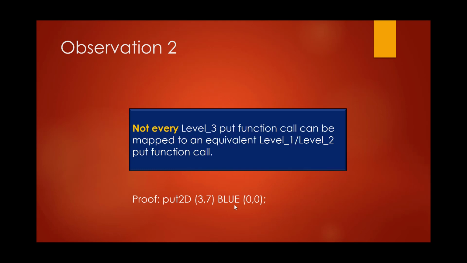If I can come up with a single actual instance of a level 3 put function call that cannot be mapped back, then that's my proof. So here I have one that has dimensions of 3, 7, and there is no put function call that will place a 3 times 7 brick in level 1 or level 2. So the mapping just goes from level 2 to level 3, but not the other way around.